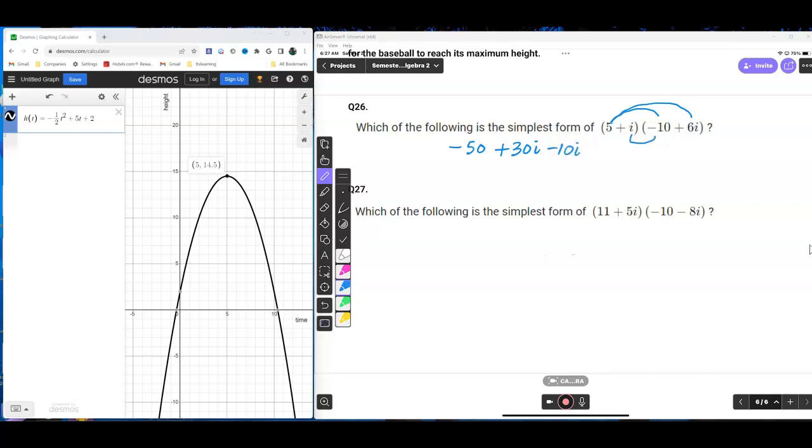And what I'm doing here is called the FOIL method. i times 6i is going to be plus 6i squared. Remember that i squared is negative 1. So you have negative 50 plus 20i minus 6. So this will be negative 56 plus 20i.